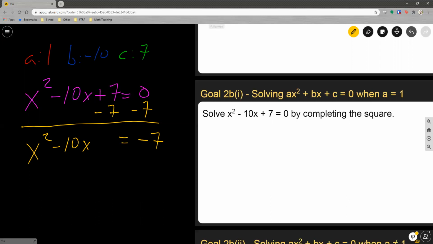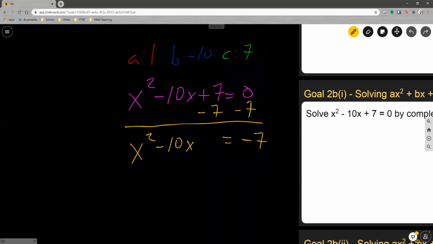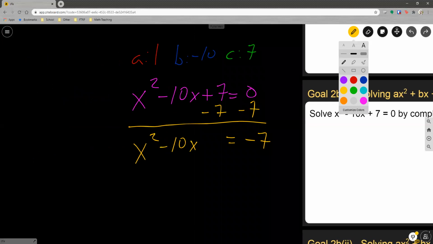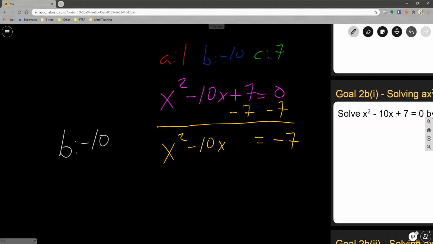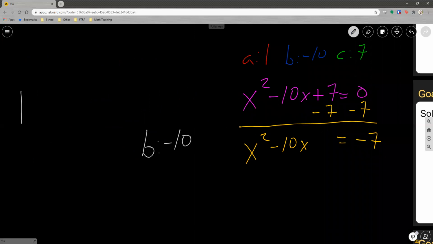So what I want to do now is fill in some blank here to make this left side into a perfect square trinomial. To do that, I'm going to note my b value. My b value is negative 10. And again, this is like the diagram, right? x times x is x squared.